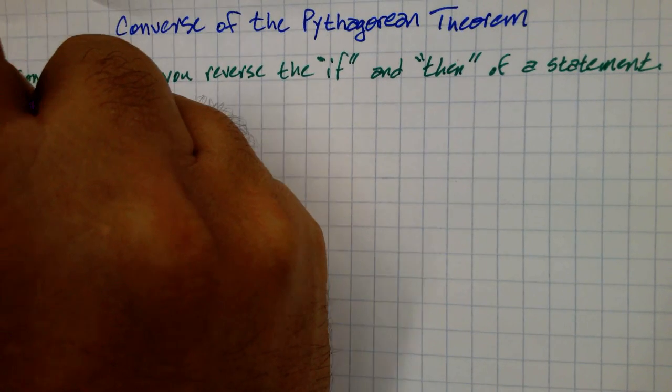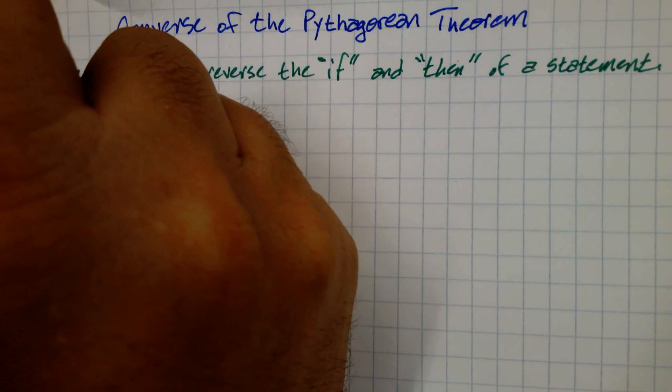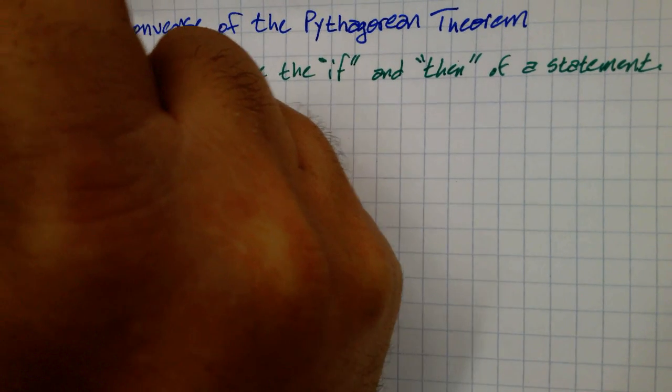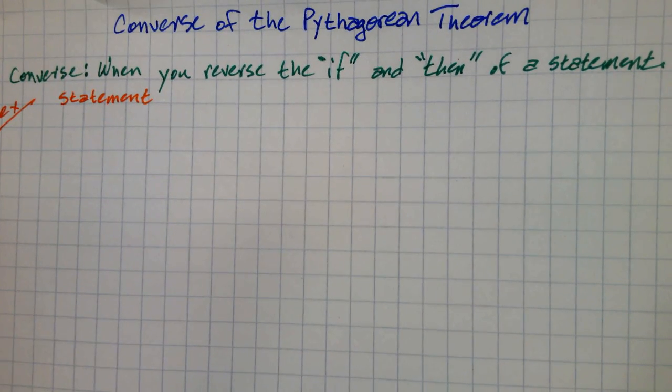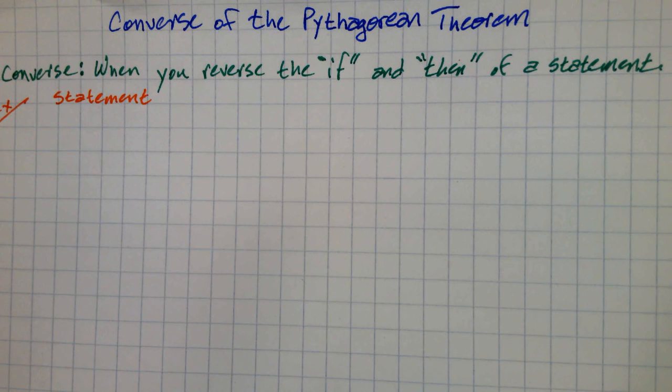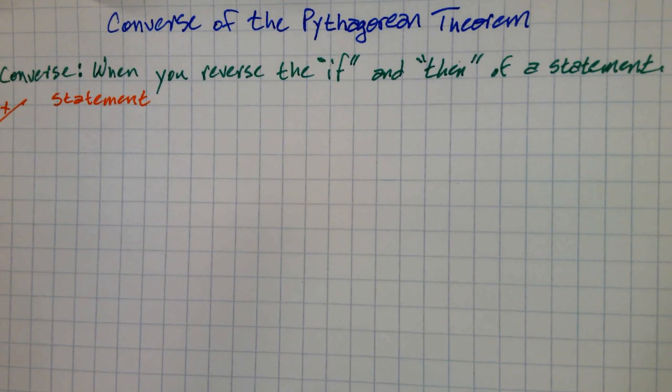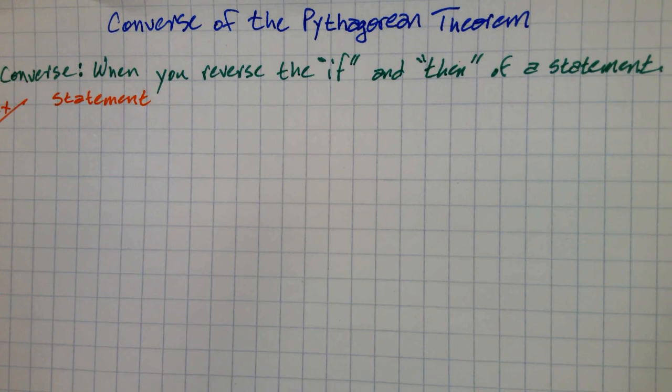First, the statement. I'll write that down. And the statement's going to be, if a shape has three sides, then it's a triangle.